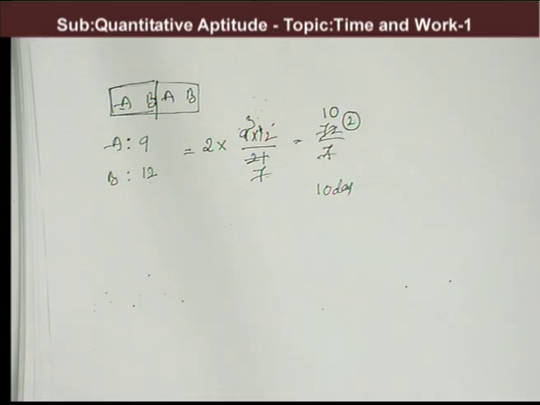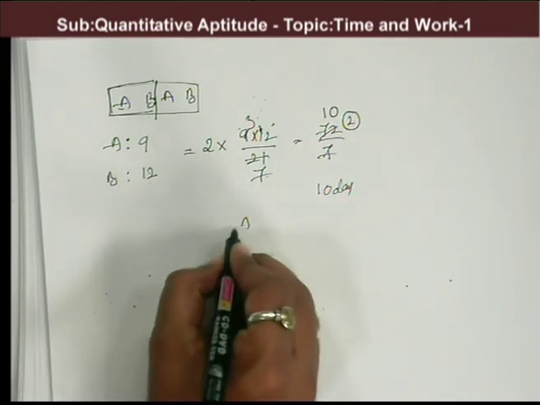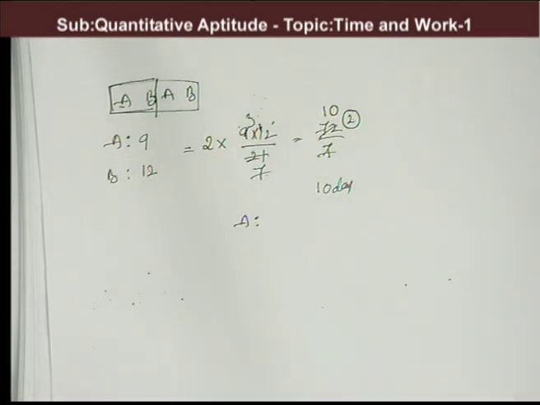So, for 10 days they are working alternately. On the 11th day, A starts working to complete the remaining work. What is that remaining work?